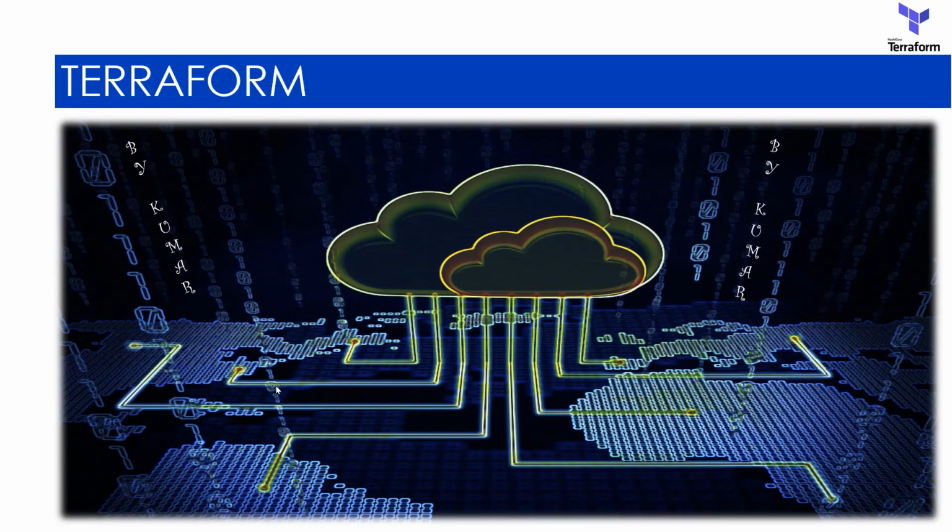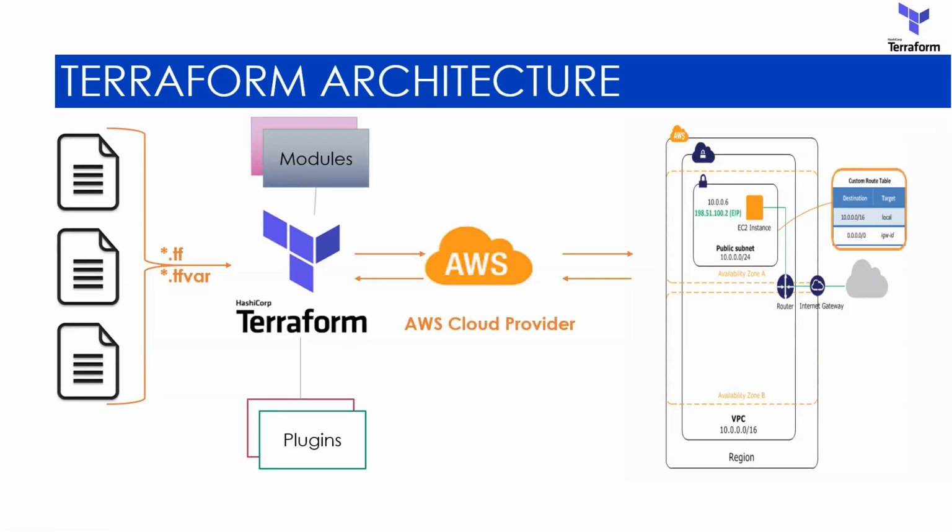Hello and welcome. In this lecture, we are going to talk about Terraform architecture. So we'll have a Terraform binary on any operating system, Windows, Mac, Linux, or any other.